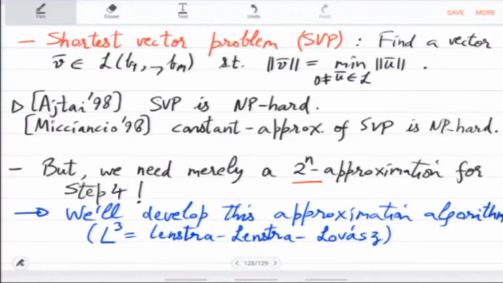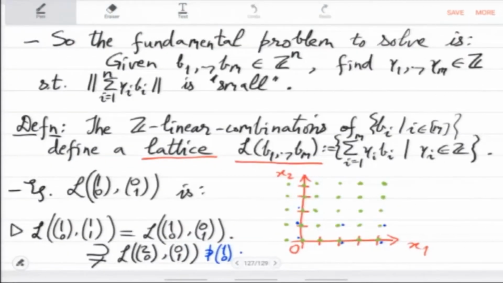So in the last class we started studying this new mathematical object that we are calling lattices, right? Pictorially they are just points arranged in a grid, a multidimensional or higher dimensional grid.